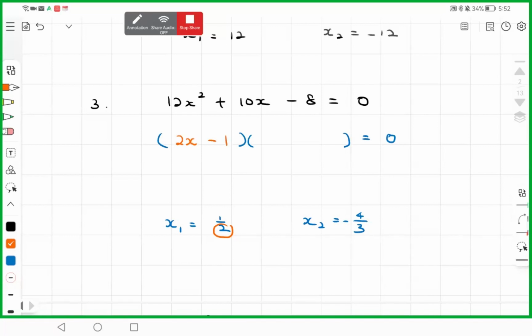And for the second one, pull up the denominator, so it becomes 3x plus 4. That way, when you multiply, you will get back the same value. So if it's a fraction, we pull up the denominator, then we continue to write like this.